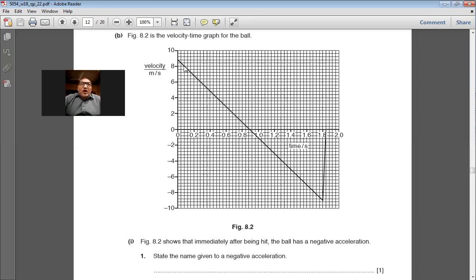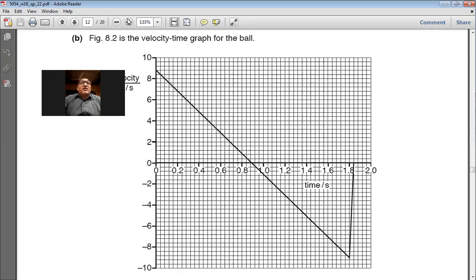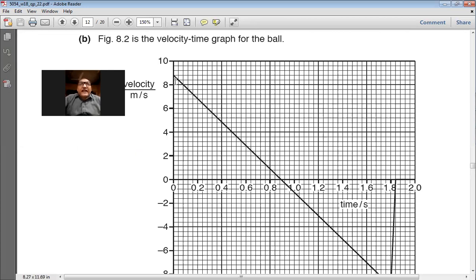When the ball was launched upward, the initial velocity is 8.8 meters per second. Every small square is 0.4, so this is 8.8.